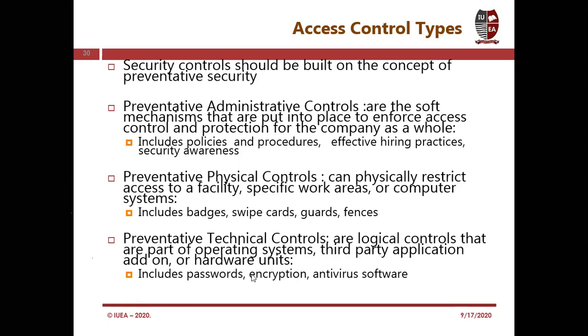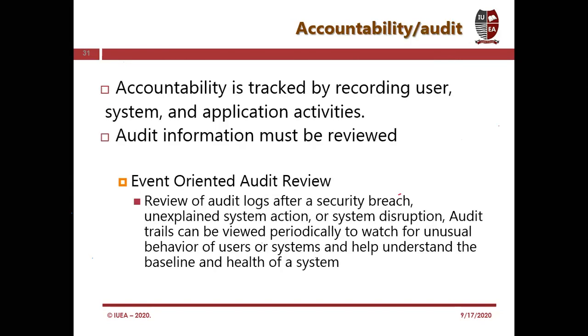The technical controls are the ones you do down here, like putting in an antivirus, encryption, and all that. But all this should have come from the administrative preventive controls that you have put in place from the very first time. So make sure you do preventive control. Don't wait for your system to be hacked, then you'll wake up.